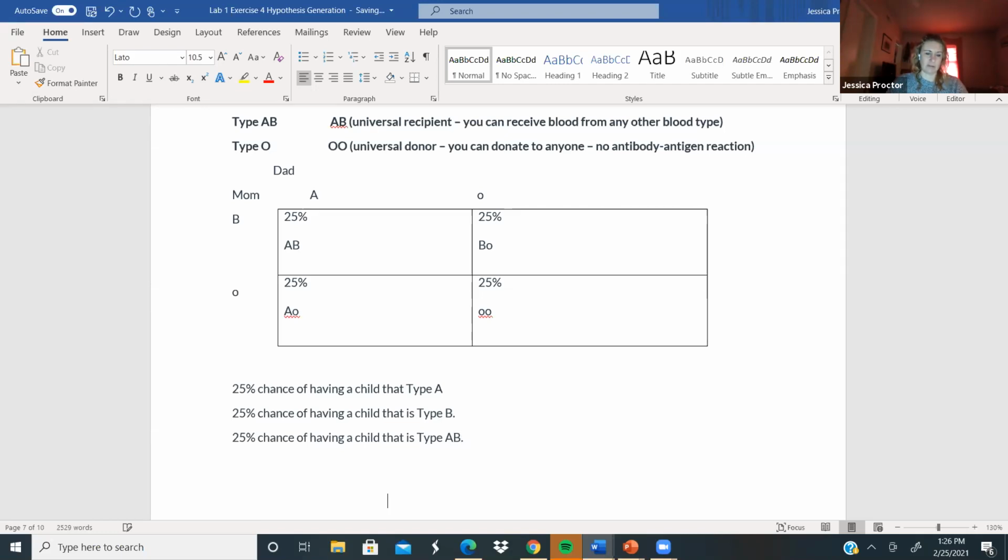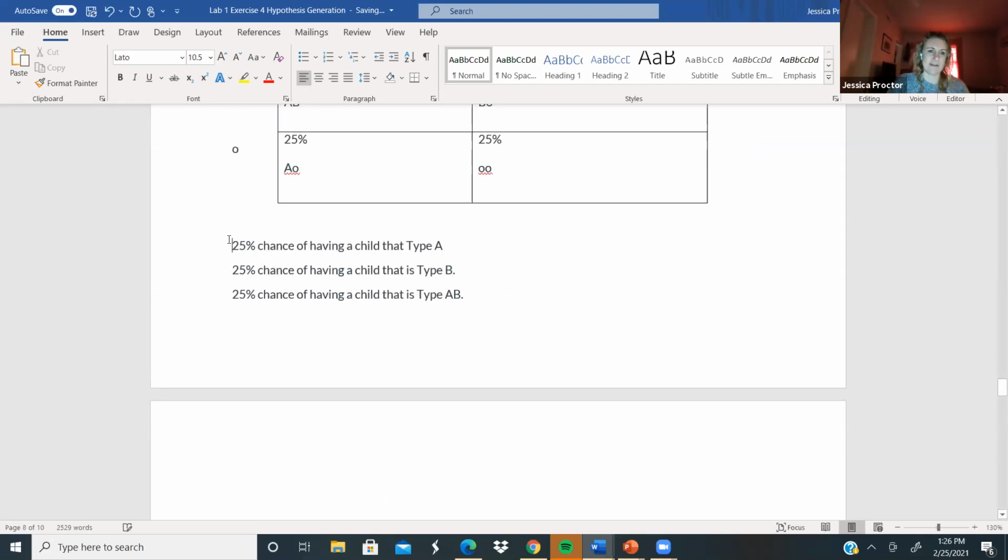That's my sister, actually. My sister is AB. And then there's a 25% chance of having a child that is type O.